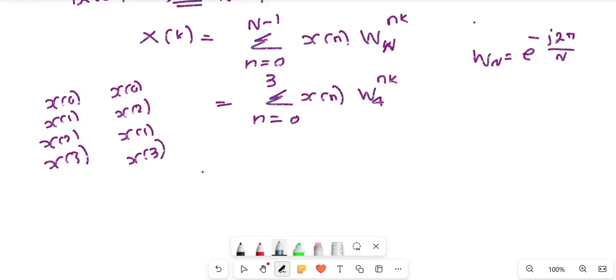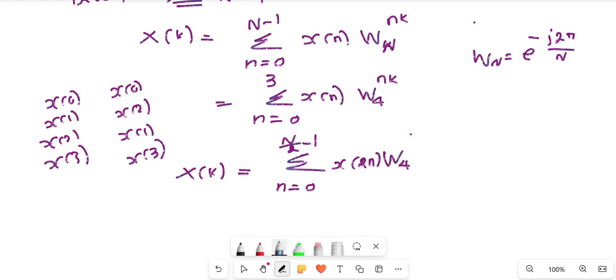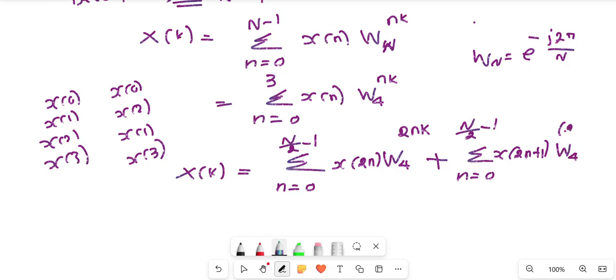So X of k can be written as the summation of n equal to 0 to N/2 minus 1, since you are restricting, x of 2n W_4^2nk, plus the summation of n equal to 0 to N/2 minus 1 x of 2n plus 1, that is the twiddle factor W_4^(2n+1)k.